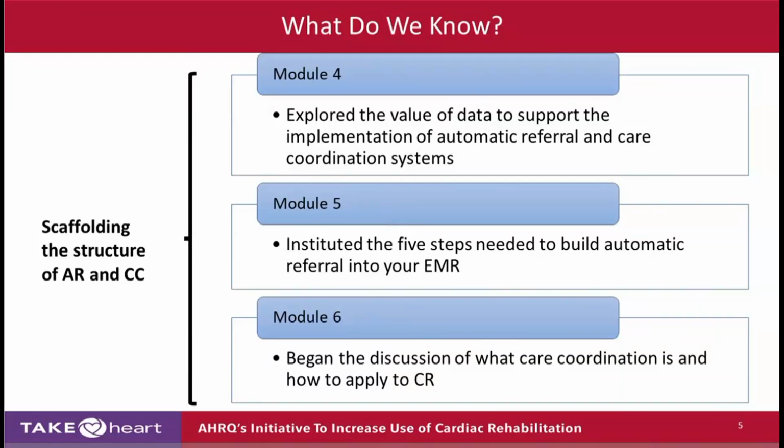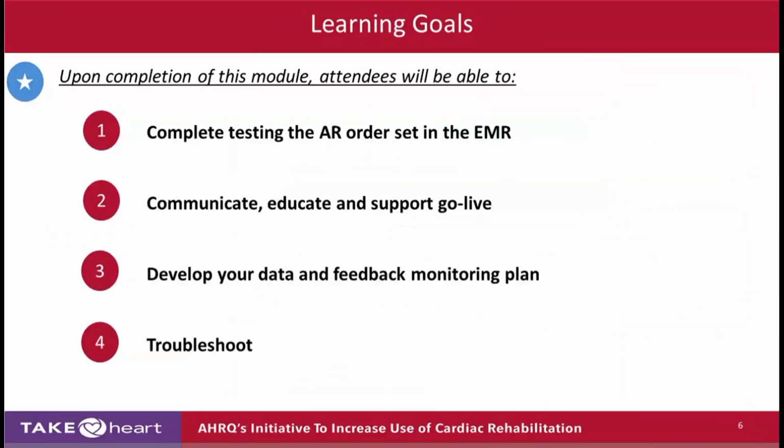And then in Module 5, we talked about how to get the process started for automatic referral. And then to give you a little time to get going on that, we spent Module 6 last month talking about care coordination and laying the groundwork for that. So this month, we're back to Module 7 and automatic referral again, and talking about how you can troubleshoot and fully implement your automatic referral system.